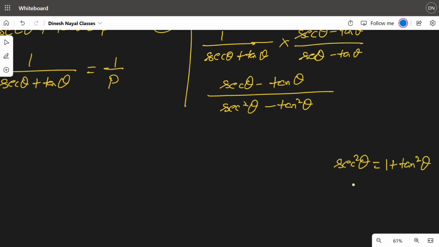So students, you can see there is a lot of use of trigonometric identities over here. So please memorize the trigonometric identities, they are very important. If you take tan square theta over this side, sec square theta minus tan square theta equals 1.